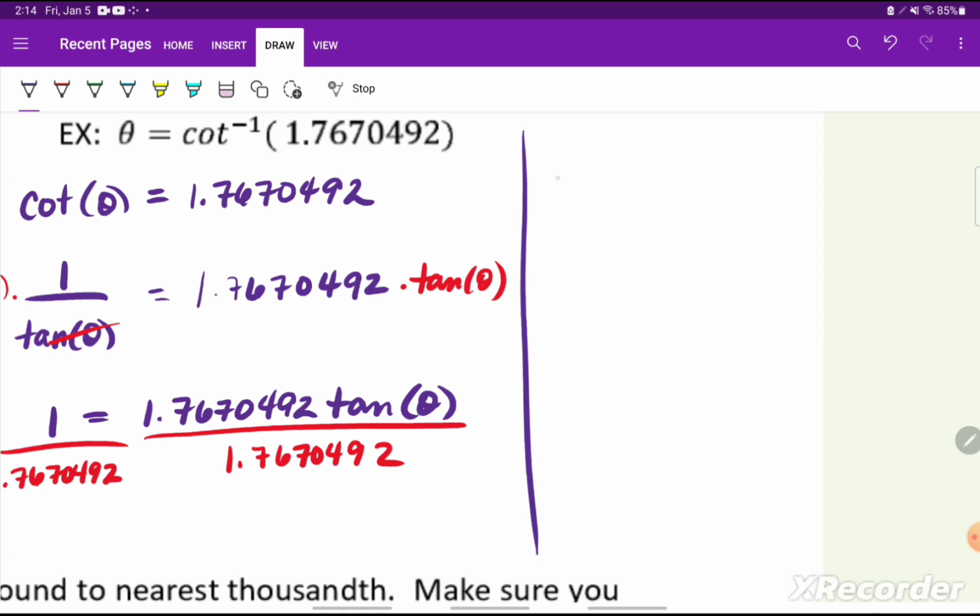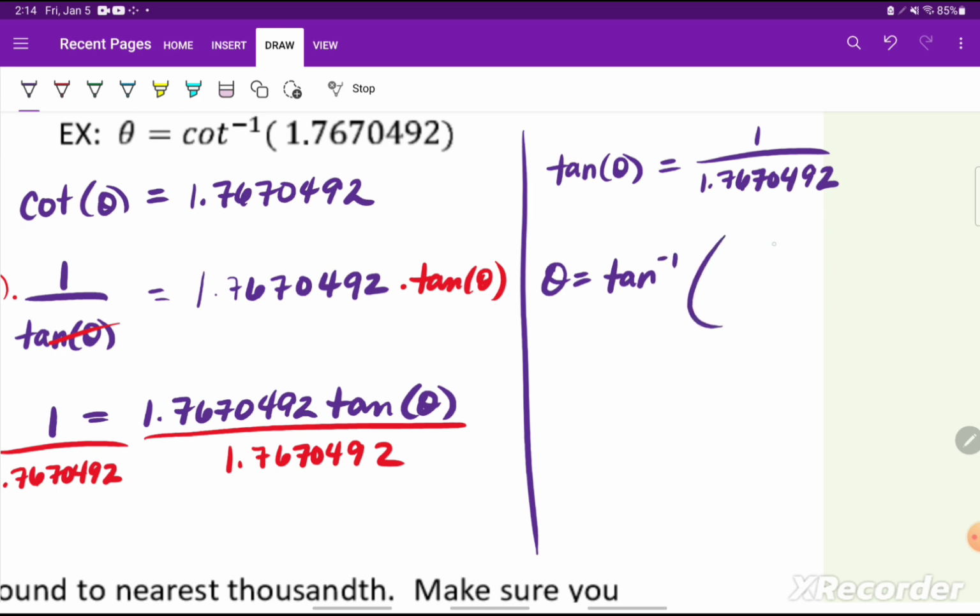And that brings us to tangent of theta is equal to 1 over 1.7670492. And then to find theta, we can now do tan inverse of this fraction. All right, we got to manipulate it so we can use our calculator.